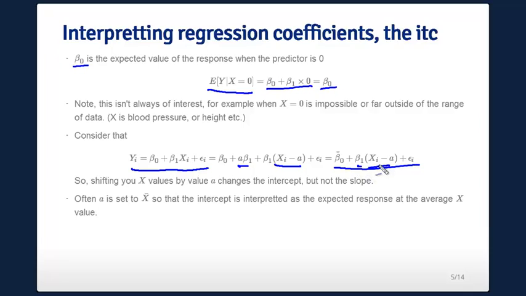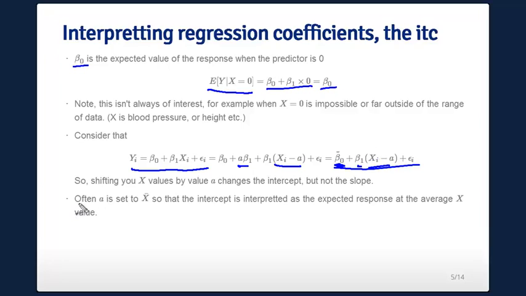So the slope hasn't changed, but the intercept has changed. Now the intercept is what you would interpret when this new variable x_i minus a is 0, or in other words, when x_i actually takes on the value a. So if you take your regressors and shift them by value a, then that simply changes the interpretation of the intercept, but it won't change your slope.